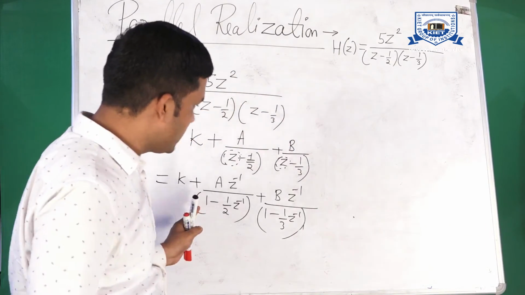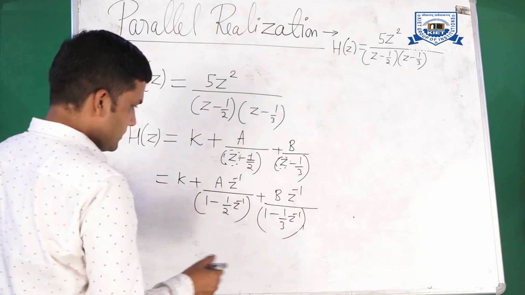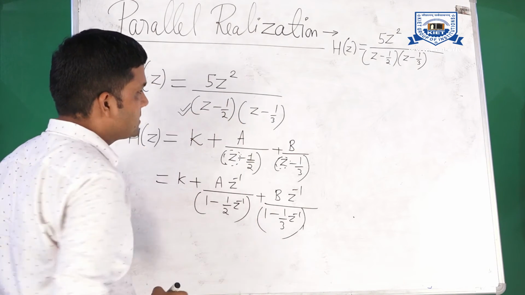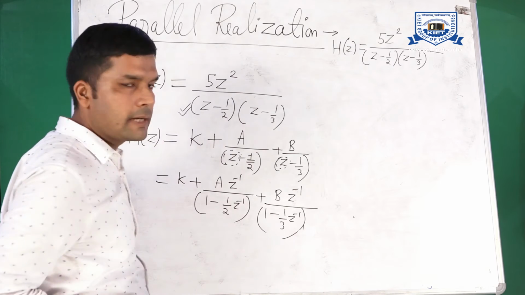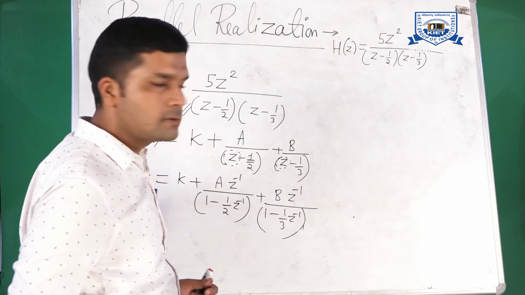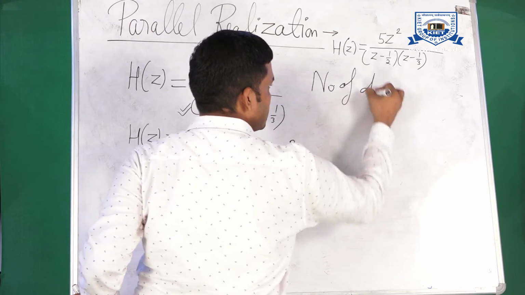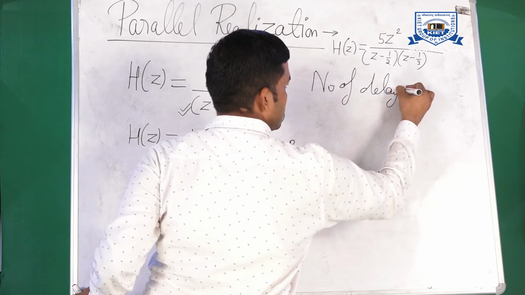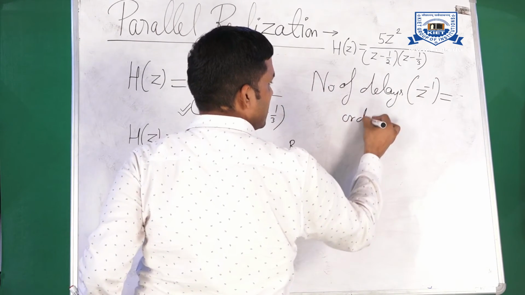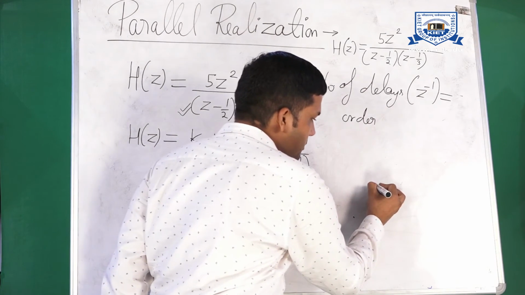Students can calculate the values of a, b, and k also. Now, because the order of numerator and denominator is the same and the poles are second order, meaning 2 poles, z inverse is 2. The number of delays should be equal to the order of the system, so the number of z inverse should be 2.